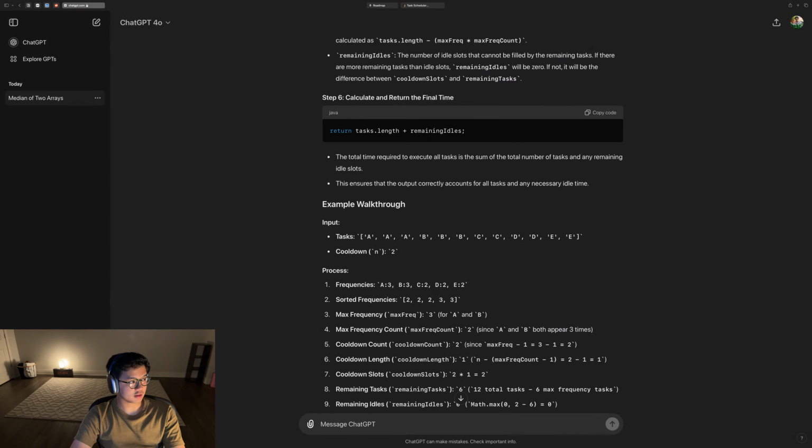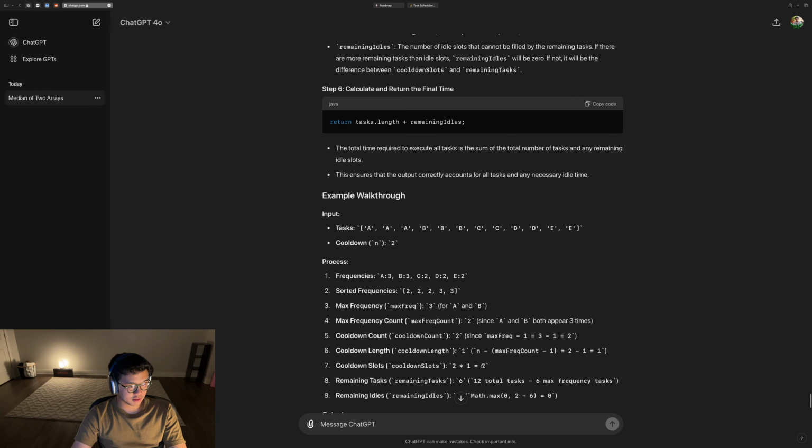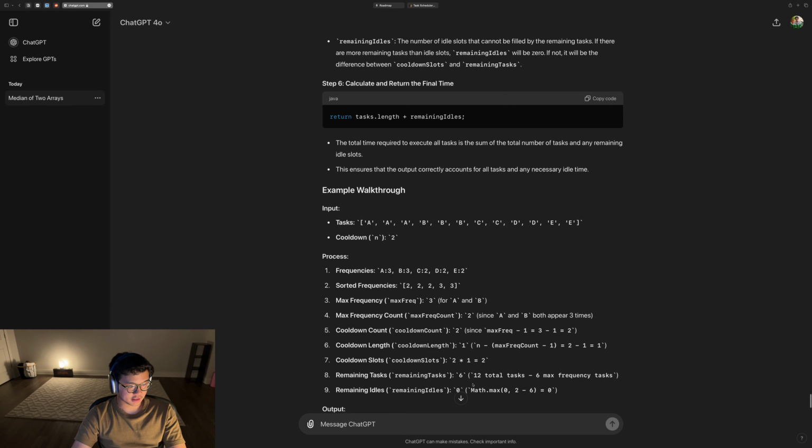So take the number of cooldowns, multiply it by the cooldown length. So the number of cooldown slots is going to be 2. The remaining tasks is going to be 6, because we have C, C, D, D, E.